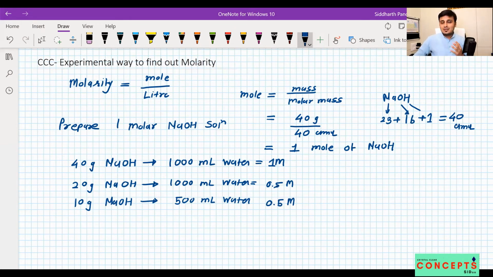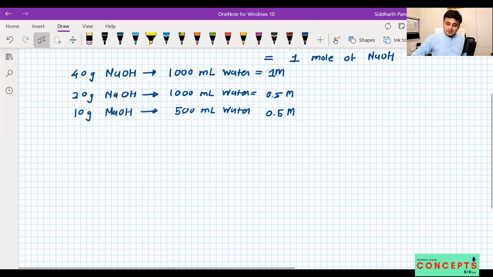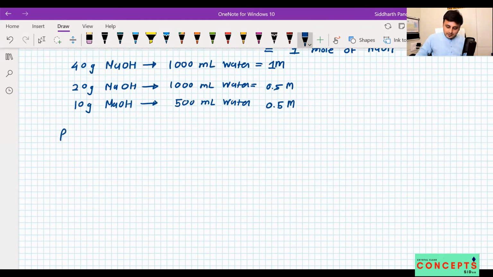Let me take you to another example. I will give you another example so we can understand it better. So I want to prepare, suppose, 0.5 molar glucose solution.